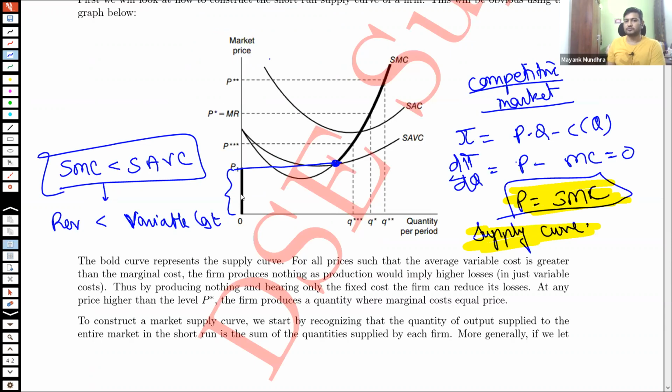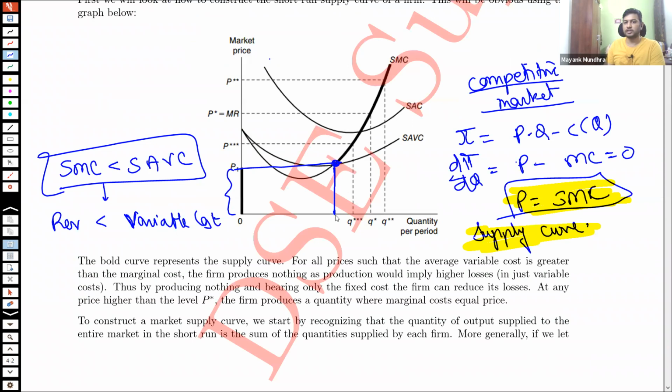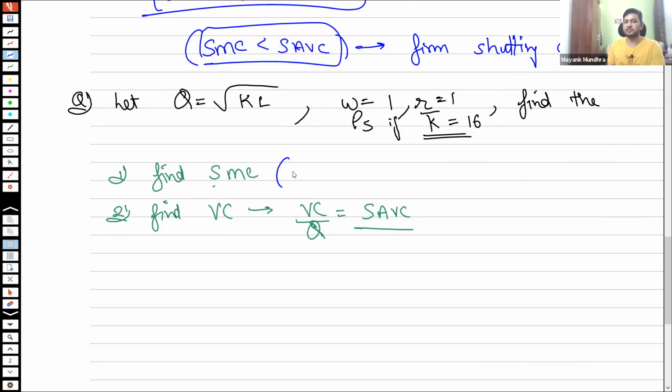So don't worry about prices. Just find the quantity level at which. You can either find the shutdown price P1 or you can find this quantity level Q1. What I mean is you can get both these functions as a function of quantity and then equate them, and then go from quantity to prices. The idea is first finding out the functions themselves, which you know by now how to.